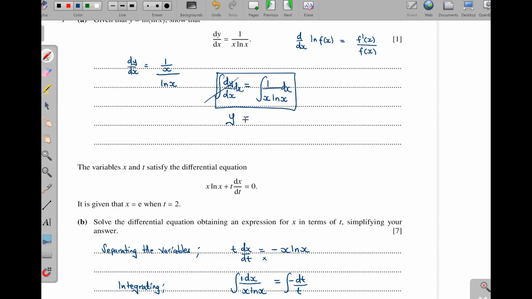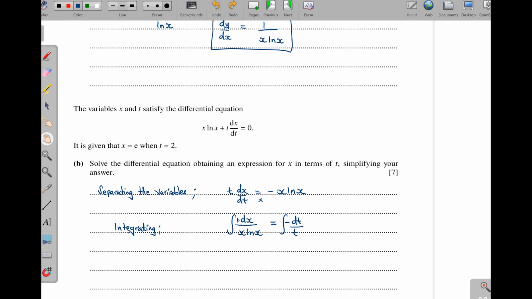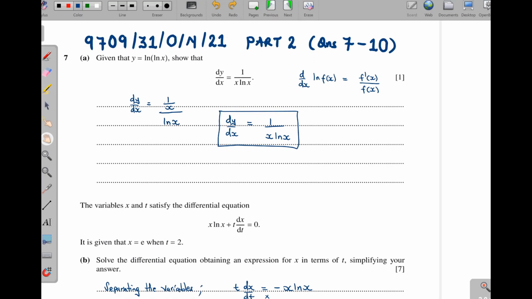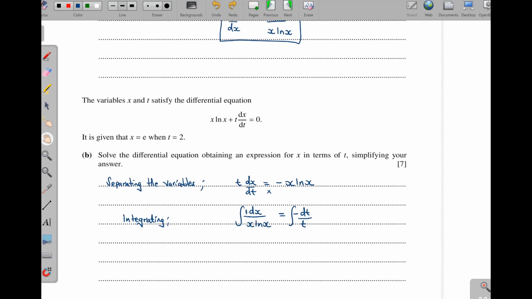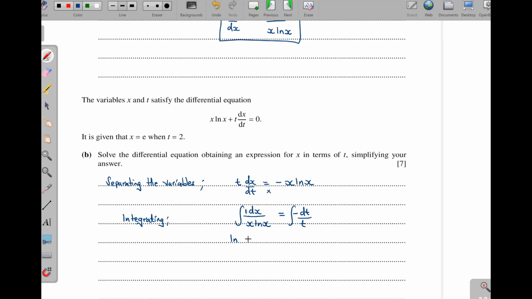You have your y, which is going to be equal to the integral of this. Are we there? So meaning that when we integrate what we are having up here, let me first remove that. When we integrate this, we get our y, which we have up here as the natural log of the natural log of x. You remember that? Okay, now we are going to have natural log of the natural log of x inside here.